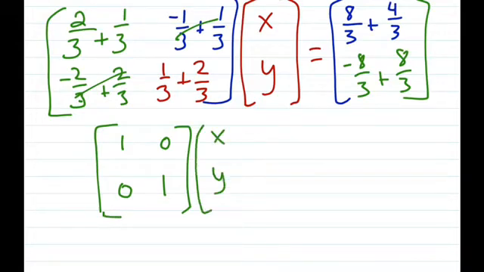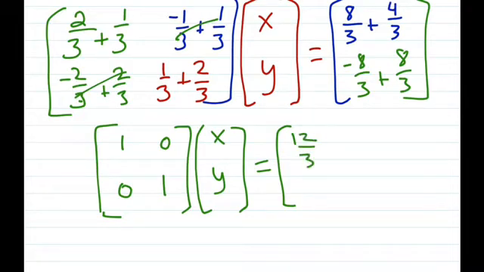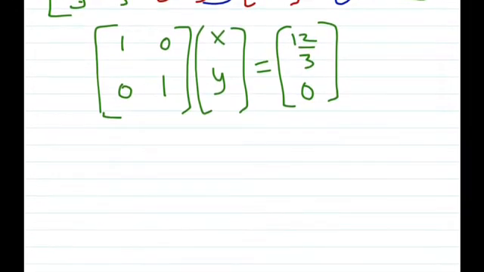Now remember, the reason why that happens is we just multiplied a matrix times its inverse. Over here on the right, we've got 8/3 plus 4/3 is 12/3, and negative 8/3 plus 8/3 is 0. Since we have the identity matrix on the left here, that's multiplying by x y, it's just x y, because remember it doesn't change anything.